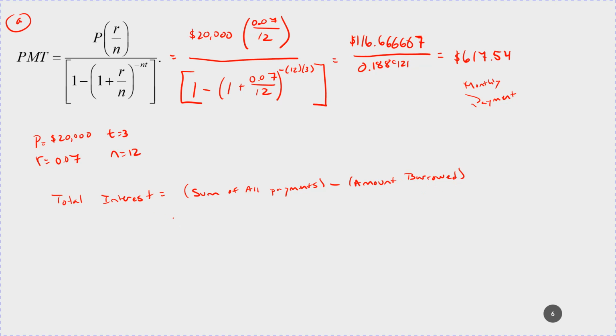Well, I'm paying each month $617.54. I'm making 12 monthly payments for 3 years. Minus, and how much did I borrow? I borrowed $20,000.